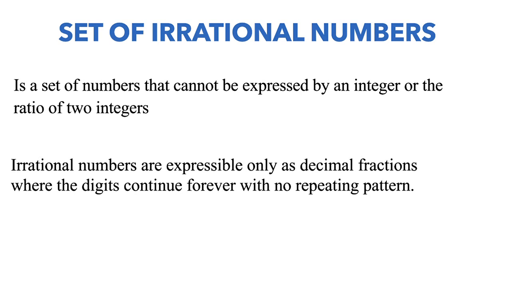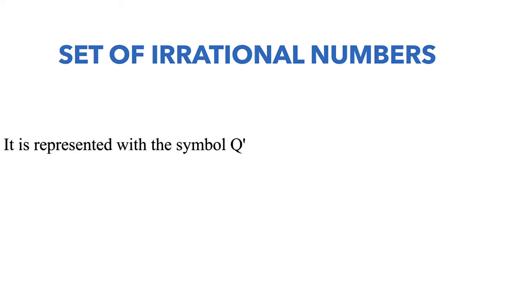They are expressible only as decimal fractions, where the digits continue forever but with no repeating pattern. Now the symbol for irrational numbers is Q prime. Yes, in math, when you see a superscript prime on a letter, it means prime. So this is the symbol for irrational numbers.